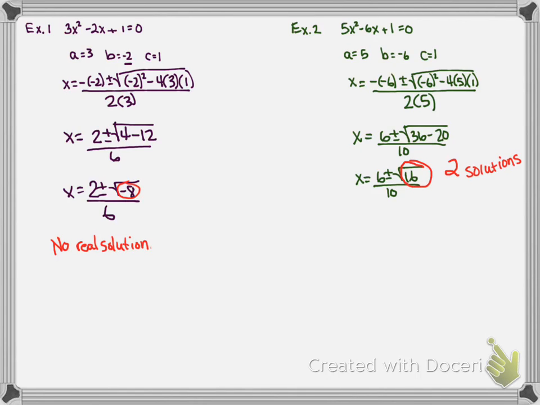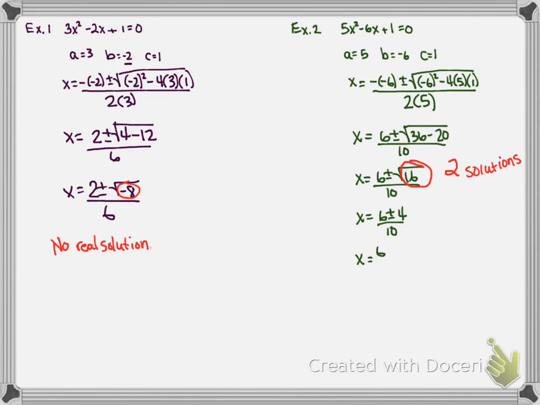Okay, the discriminant is positive, so we are going to have two real solutions. We can take the square root of 16, and that's 4, so x is equal to 6 plus or minus 4 over 10. Because we no longer have a radical, we can actually calculate both of these individual solutions.